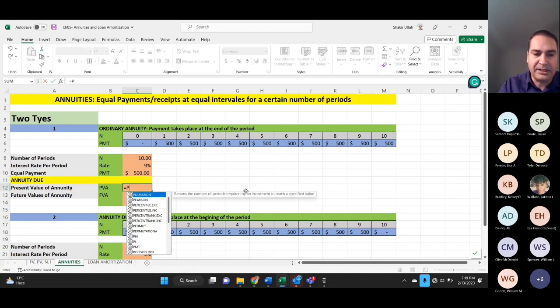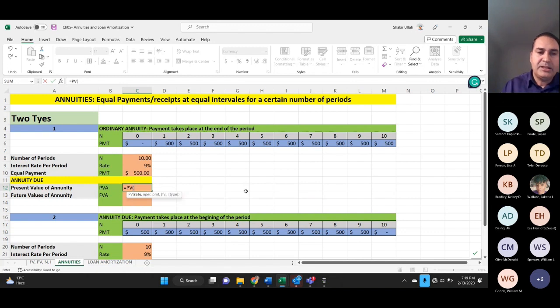So present value formula, PV, it is asking for the rate, which is 9% right here. Number of periods is 10. Payment. Now you see here, this PMT, the payment is the annuity payment, the periodic payment, and that is not zero in this case. It is 500. 500 payment each period.